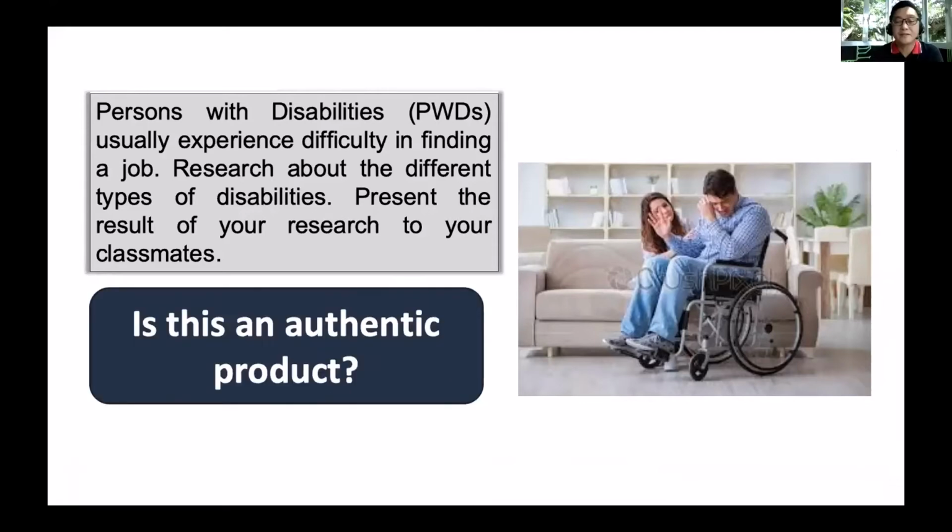Can we spend a minute or two just to share our thoughts whether or not this sample of a product or performance is authentic or not? I'd like to hear your thoughts. You may use your microphones, please, or you may use the chat box, and I can't find the chat box right here.